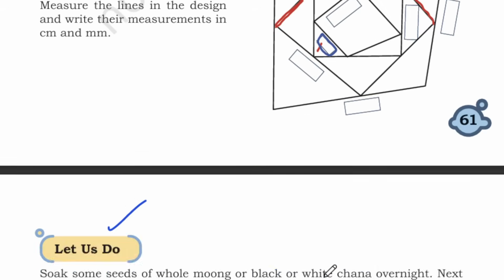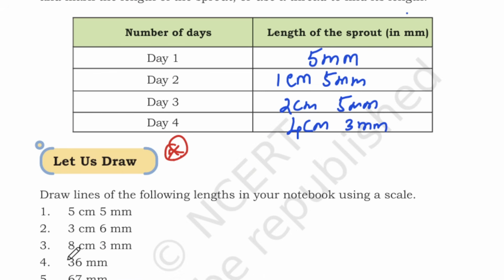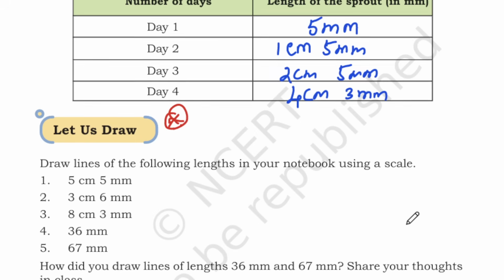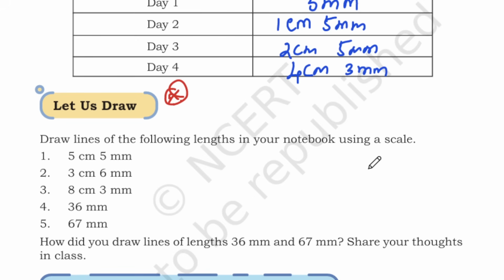Next, 36 millimeter. So how do you mark 36 millimeter? First you have to understand 1 centimeter is equal to 10 millimeter. So 3 centimeter equals 30 millimeter.